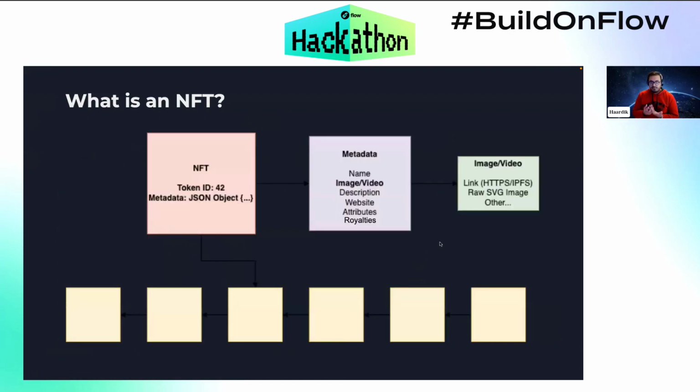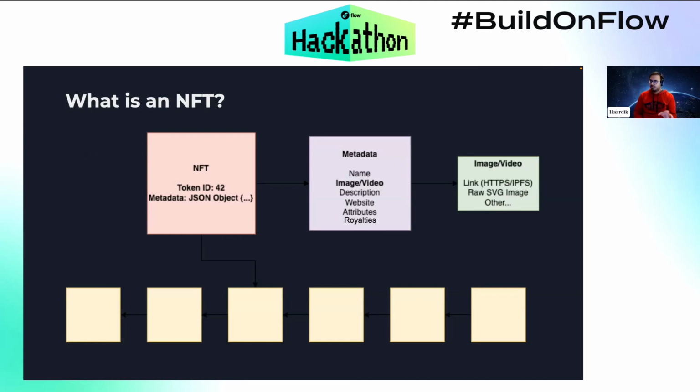The NFT itself, technically speaking, is some data, right? It's a certain type of data structure that at the very least contains a token ID, which uniquely identifies that NFT from that collection. And then typically it has some metadata with it. The metadata could include things like a name, an image or a video, some description, websites, or royalties, things like that.